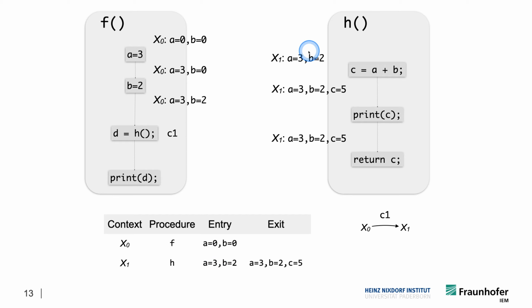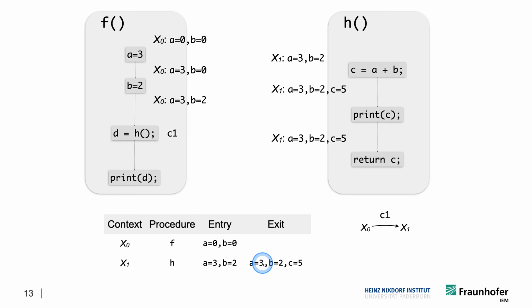Then we take these input values for context X1 and analyze through the procedure. Now we learn precisely that C has value 5 here, and that is the environment that we have at the return statement. Because of this, we also store this particular exit value.